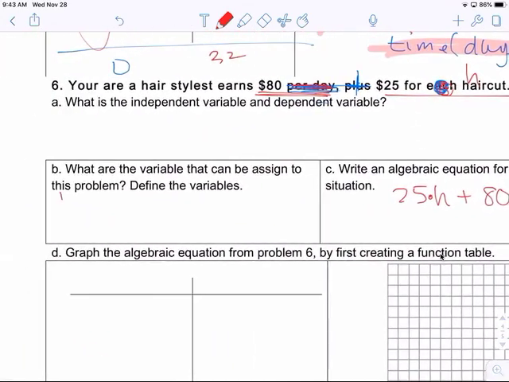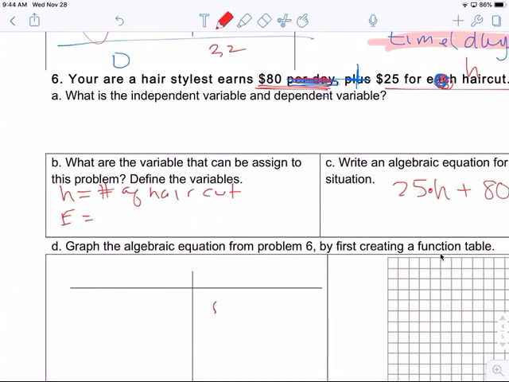So we said H is the number of haircuts you're going to cut. And E is the total earning. What you're going to make.